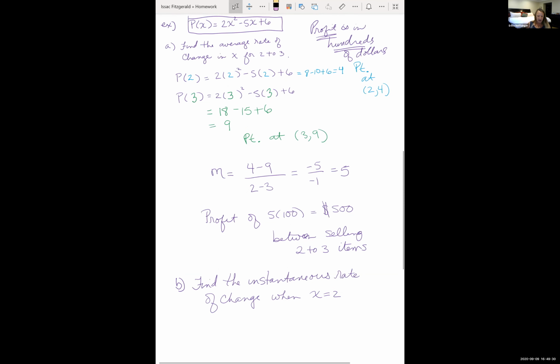I'm not going to have time to do this, but let me just set it up. We want to look at the limit as h approaches 0 of our function P. It's going to be P of 2 plus h minus P of 2, all over h.